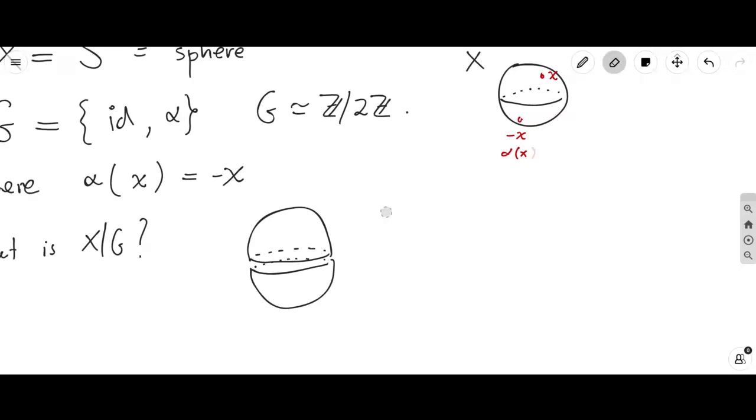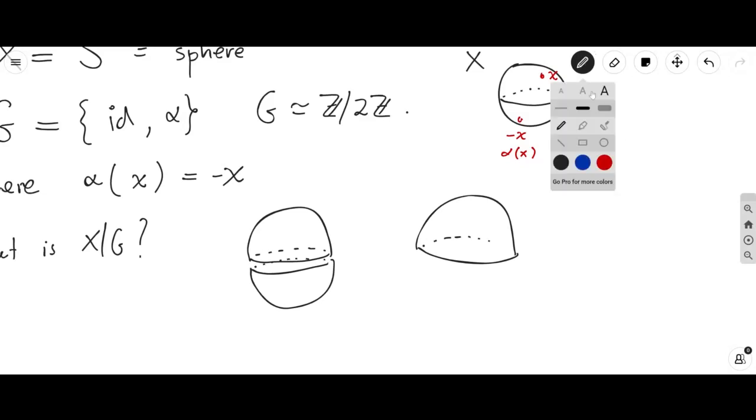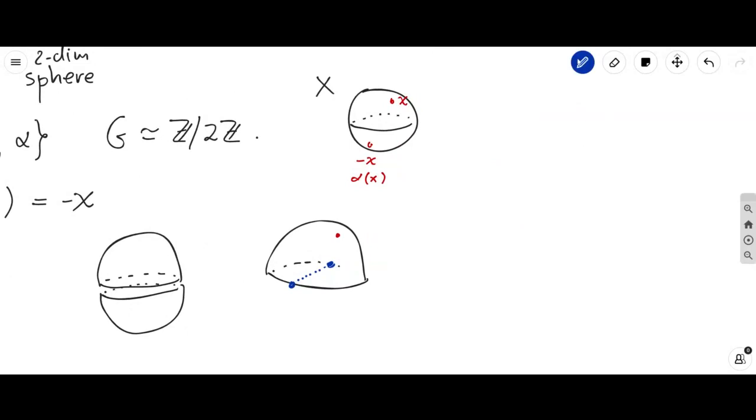Every point in the upper cap is identified with a point in the lower cap, so the points in the lower cap are redundant. You only have to focus on the upper cap. If you have a point up here, then it's unique. It has no matching point in the upper cap. However, if you're located on the equator, then the point that it's identified with is on the opposite side of the equator. So to help visualize what's going on, just take this cap and flatten it down.